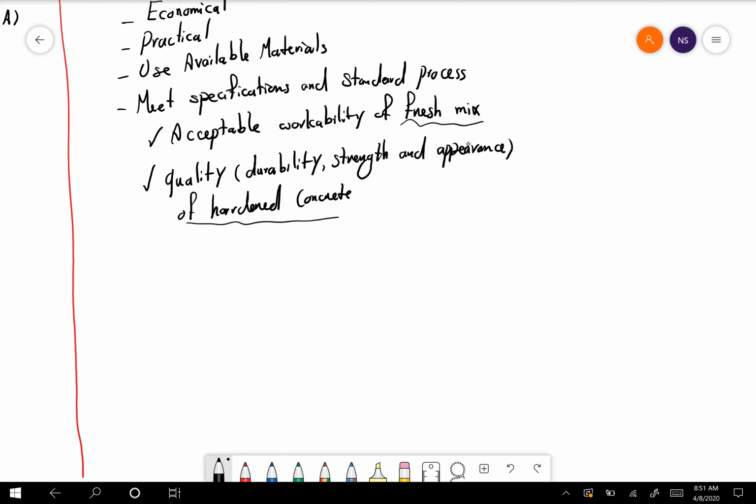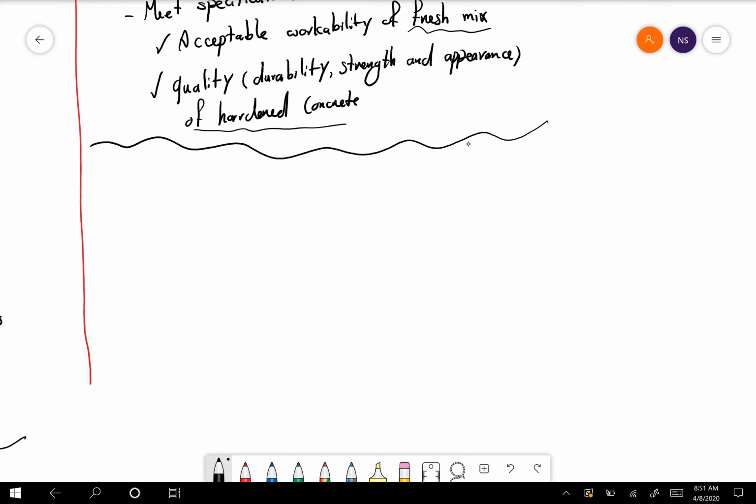Now, what method can we use for the mix design? So, mix design methods.